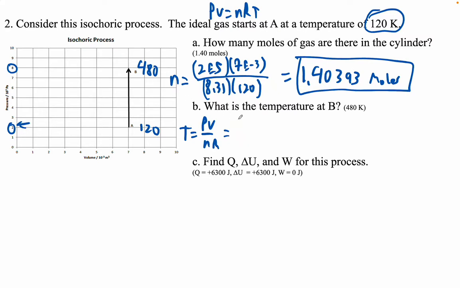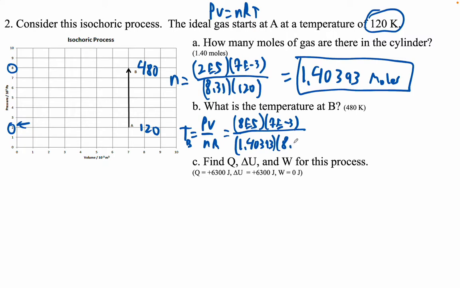It's 8 at B, right? The pressure at B is 8E5. The volume is still 7E minus 3. N is 1.40393.